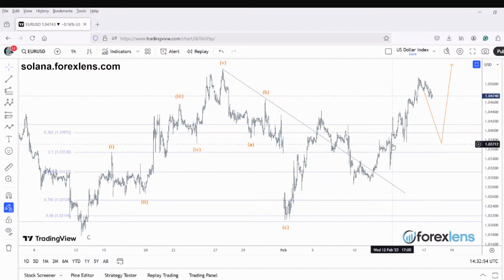But if you're just playing around for a few hours or a maximum of 24 hours, yes, you can place your stop loss around 1.0290, buy around the current price, and because even that risk reward ratio won't suffice.